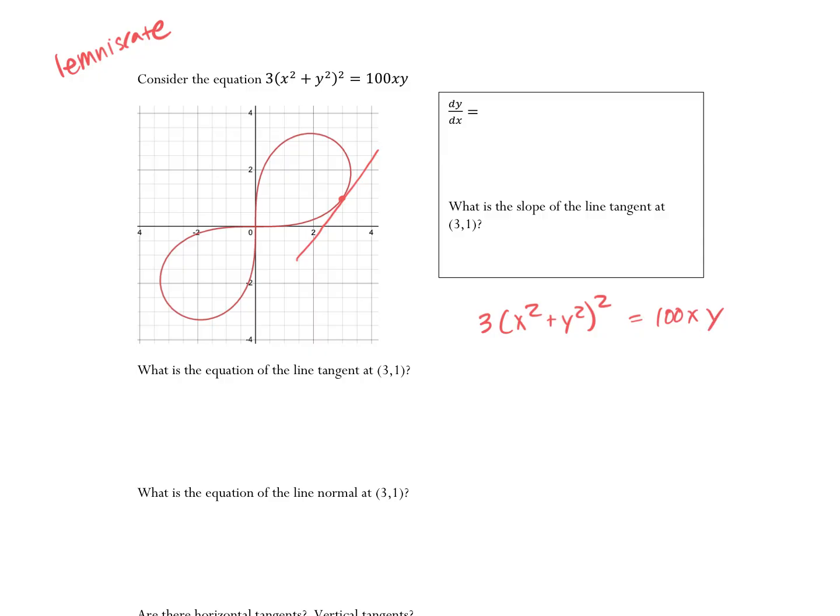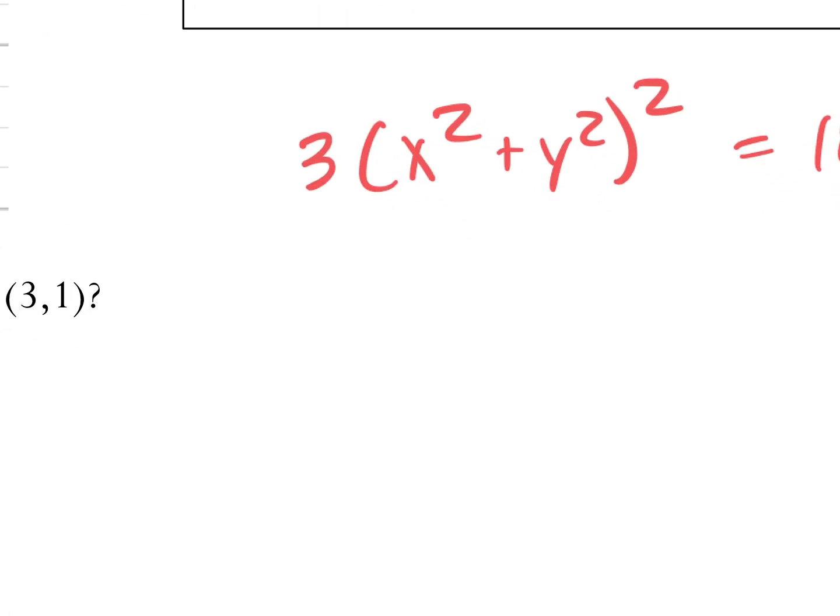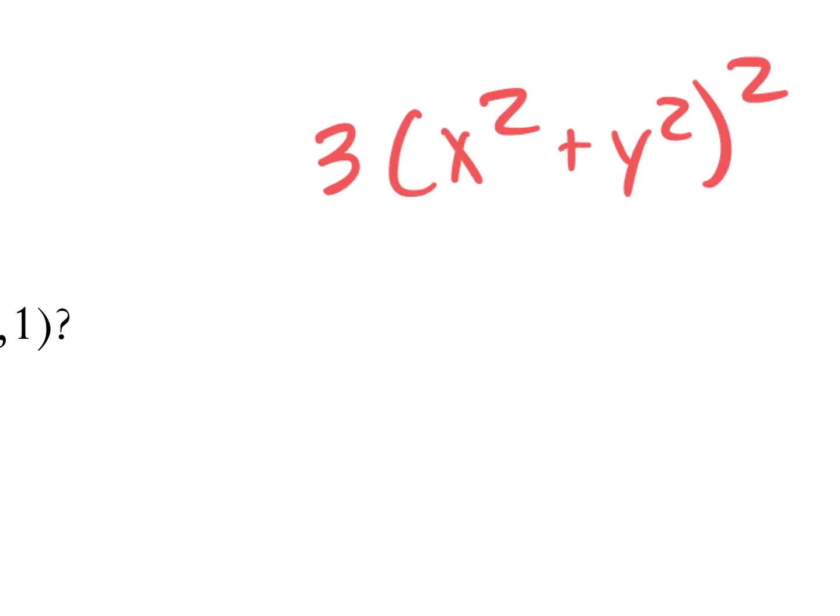All right. Let's start with the left. If I took the derivative right now, what would be my very first step? 6 times (x squared plus y squared), using this exponent, which means multiply by the exponent and take it down by 1. So 6 and the (x squared plus y squared) to the 1 power.